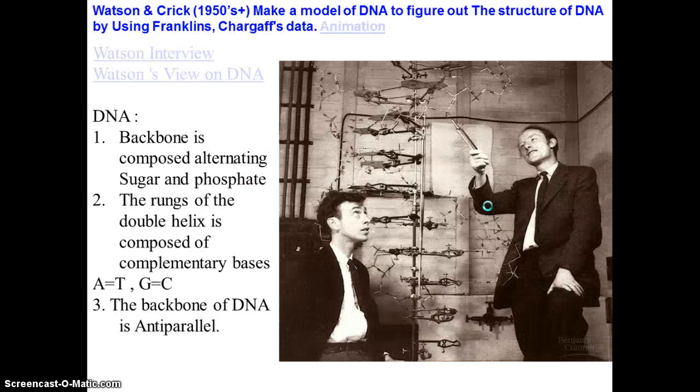So Watson and Crick saw that picture and took Chargaff's idea and Rosalind Franklin's famous Photo 51, and her assumption that the backbone must be composed of sugar and phosphate, and the rungs are the bases.